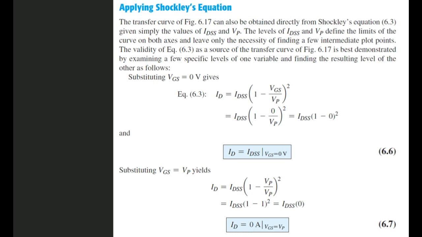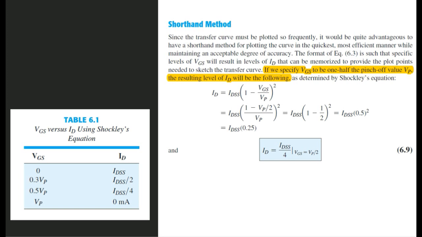So let's move to the next slide, where we have another method, the shorthand method, which falls in topic 6.3. Here we can see some important points. We have already discussed the transfer curve in the previous slides, and if we specify VGS to be 1/2 of the pinch-off VP, then we will check the final result.